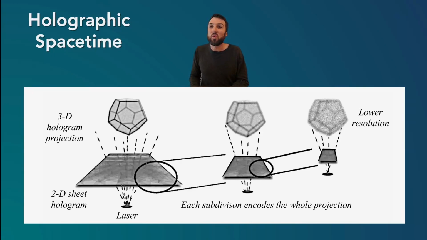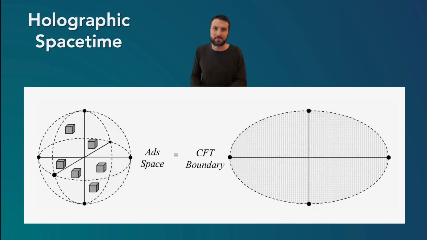But in terms of physics, this could be a potential solution to the black hole information paradox. We saw the entropy of a black hole is proportional to the surface area. Perhaps the three-dimensional information is really encoded on the surface, similar to a holographic surface.